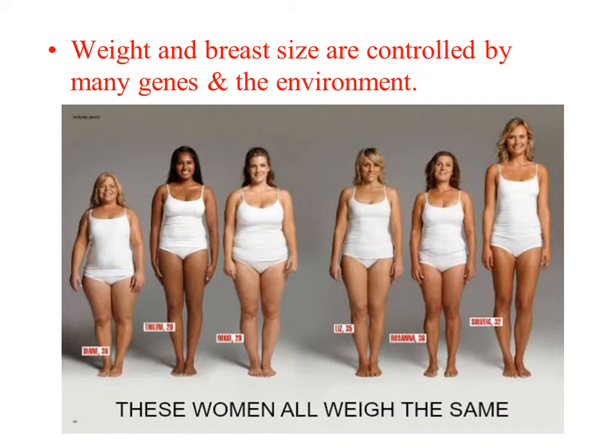If you were brought up eating smoked sausage, smothered pork chops, chitterlings, hot water cornbread, you're probably still eating that. So that also controls weight and breast size. It's not just genes in reference to these two, it's genes and what we eat.